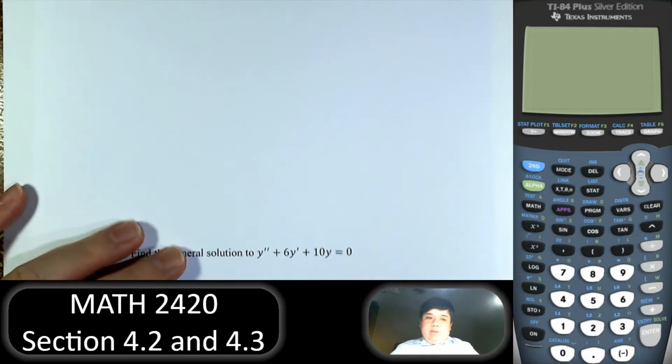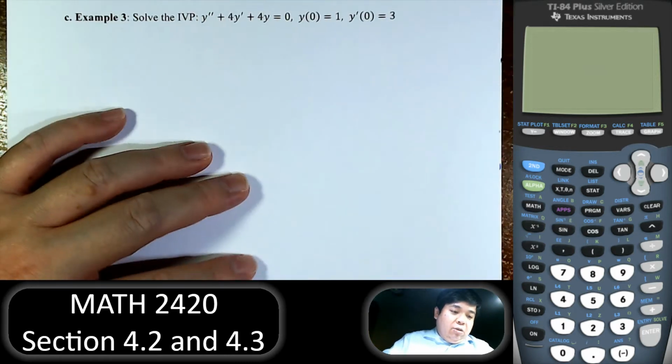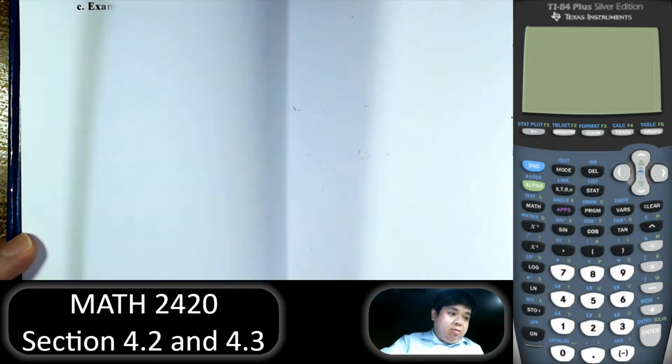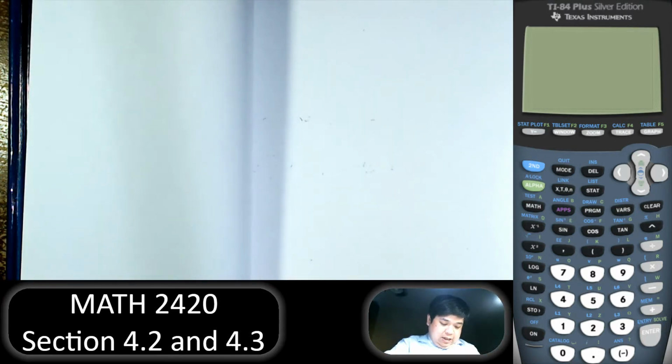Right, more samples. Solve the initial value problem. Once again, an initial value problem looks like a long problem, so let's write the answer in 2 columns.